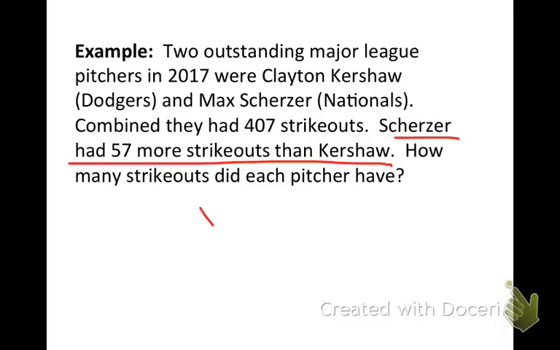So if we do x plus 57, this right here represents which person? Kershaw. Scherzer had 57 more strikeouts than Kershaw, right? So this right here is representing Scherzer, right? Okay, with me so far?